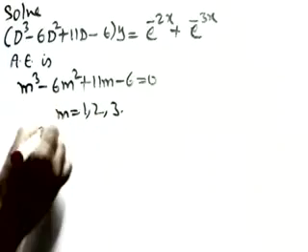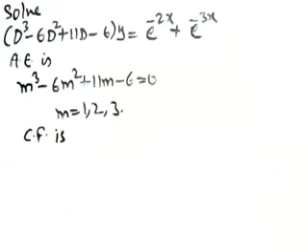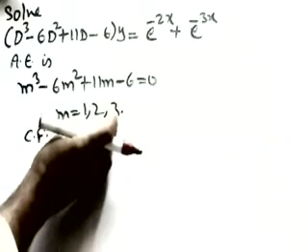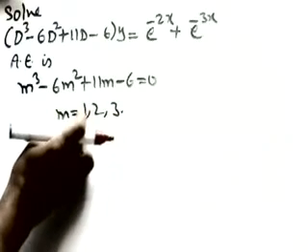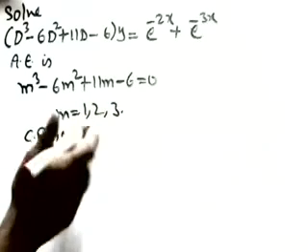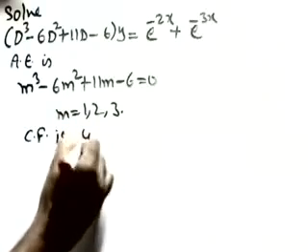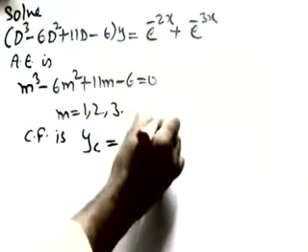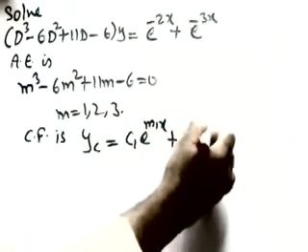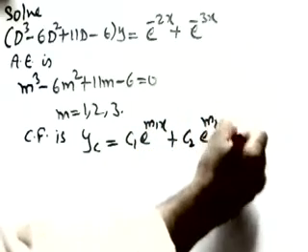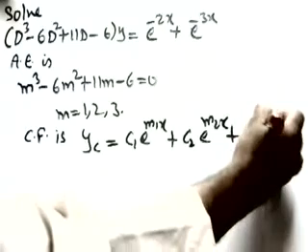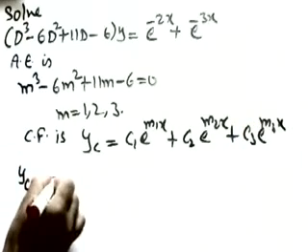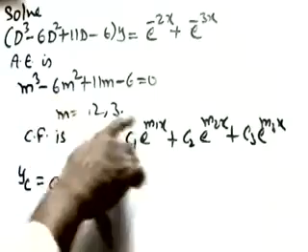Since all three are different, the complementary function formula is, those who have not seen part 1, I request you to first see part 1, where I explained how to find the complementary functions. Since the m values are different, we use the case 1 formula for the complementary function. The case 1 formula is c1 e power m1x plus c2 e power m2x plus c3 e power m3x. So we get the complementary function.